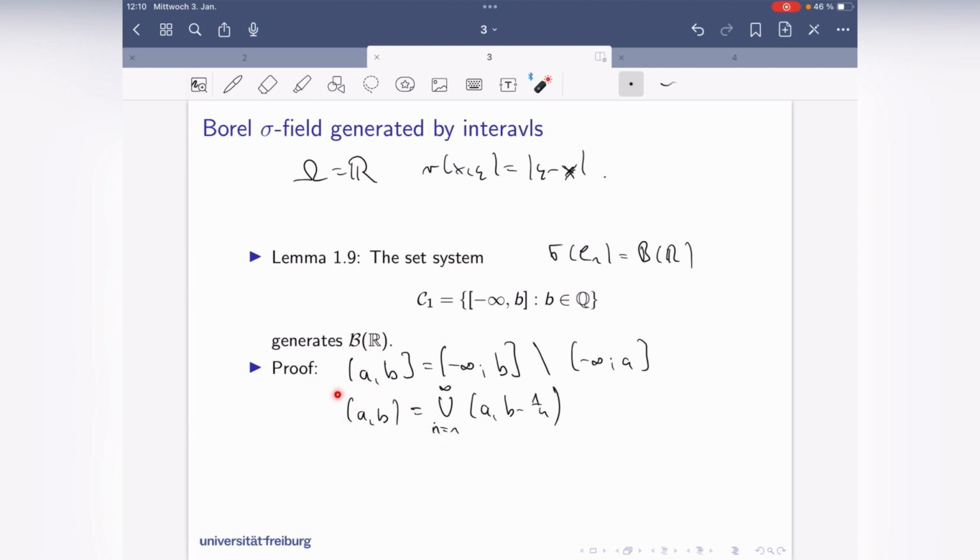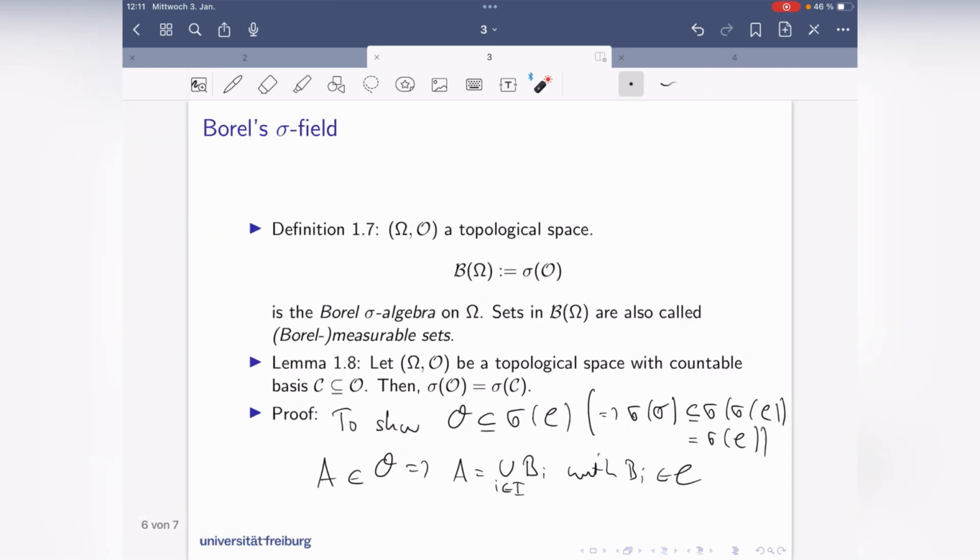And these sets, of course, generate the Euclidean topology because these are just balls. So I have the set C of (a, b), a smaller than b, a and b in Q. They have the desired property to be a basis of my topology, of the Euclidean topology.